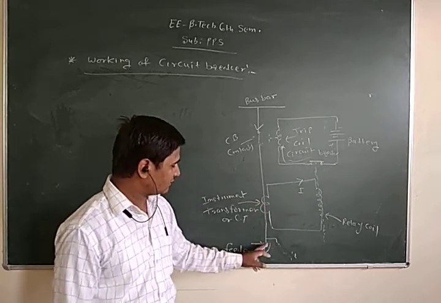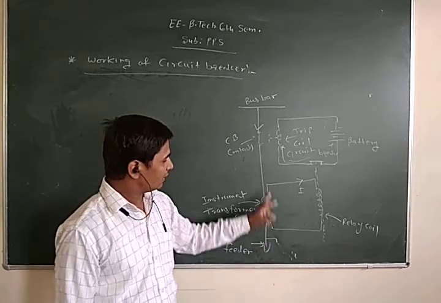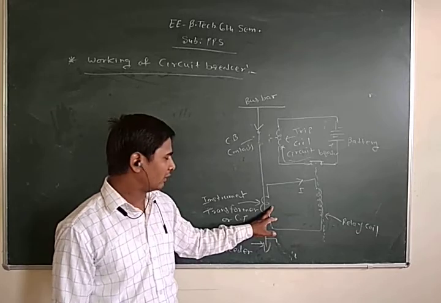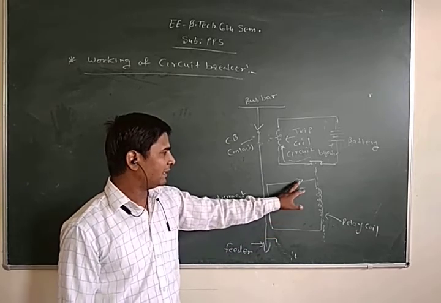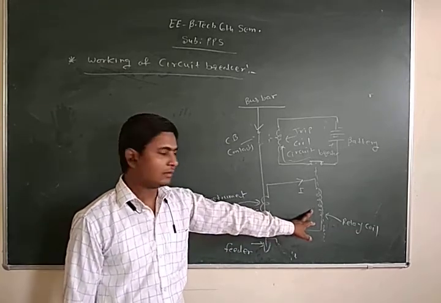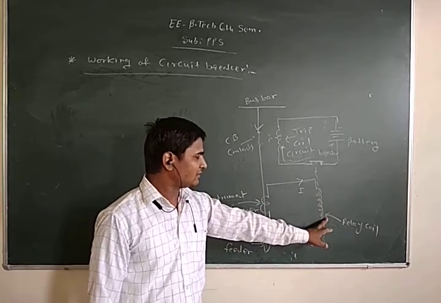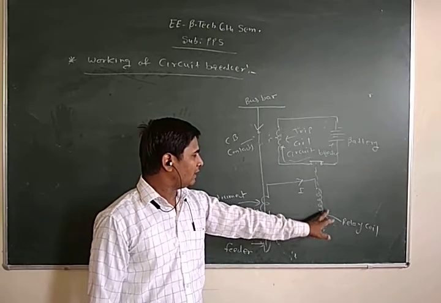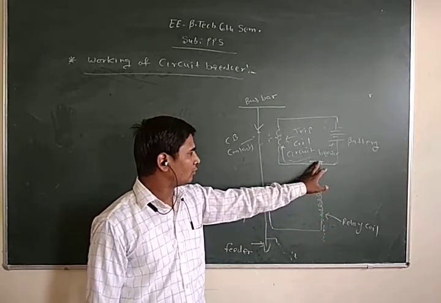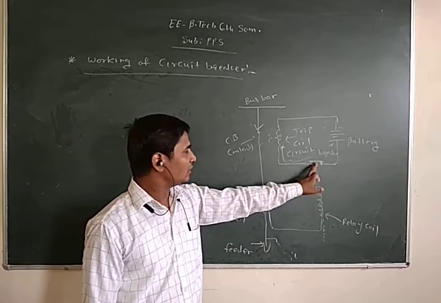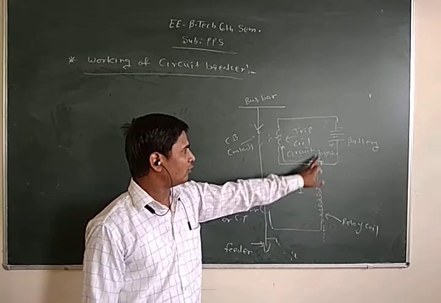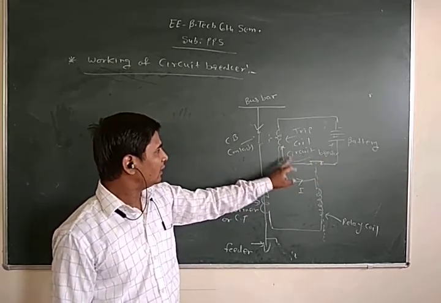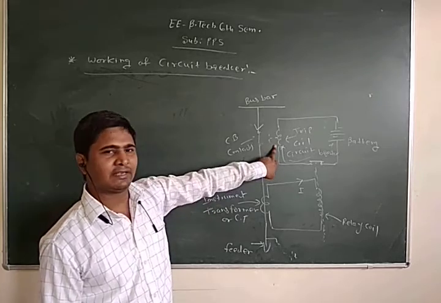But in fault condition, if there is a fault in the feeder, current increases in the feeder, due to which the EMF induced in the CT coil will also increase and the current flowing in the relay coil increases. So the magnetic flux in the coil also increases. This magnetization of the coil pulls the plunger or closes the contacts. So due to the closing, the circuit becomes complete, and the trip coil of the circuit breaker gets magnetized.